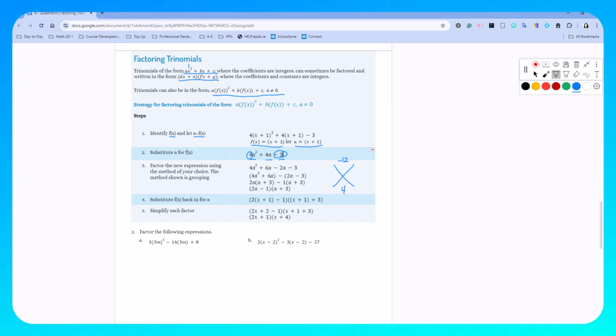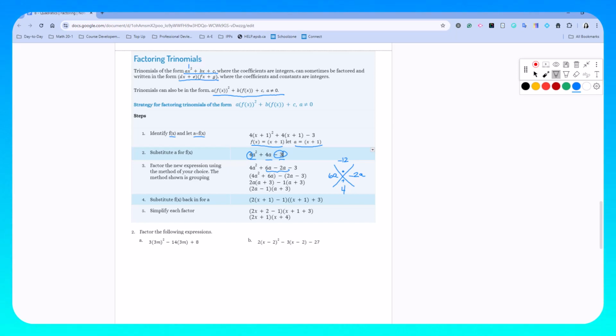Just like the x method, I'm looking for two numbers that multiply to negative 12 but add to positive 4. In this case, it's 6 and negative 2. So I'm going to break up this middle term 4a into two terms, 6a and negative 2a.